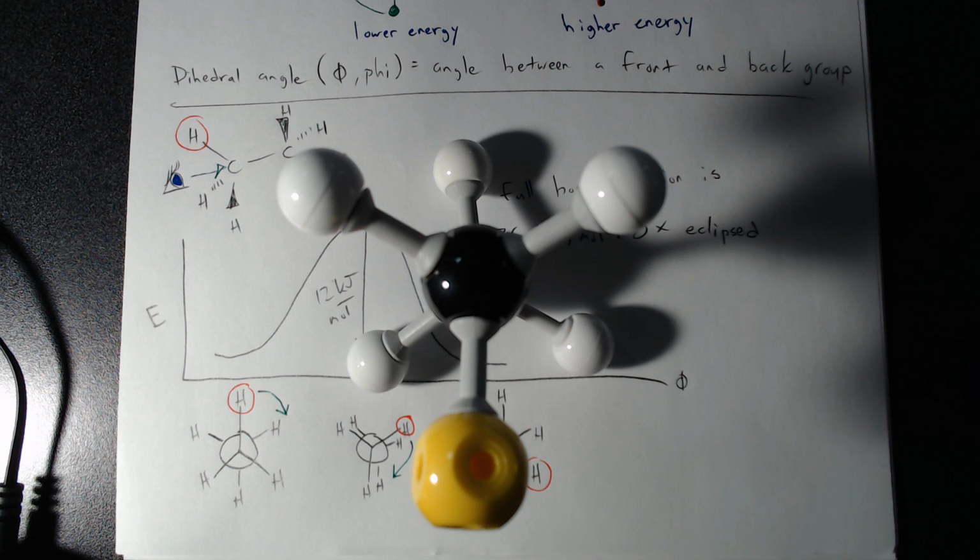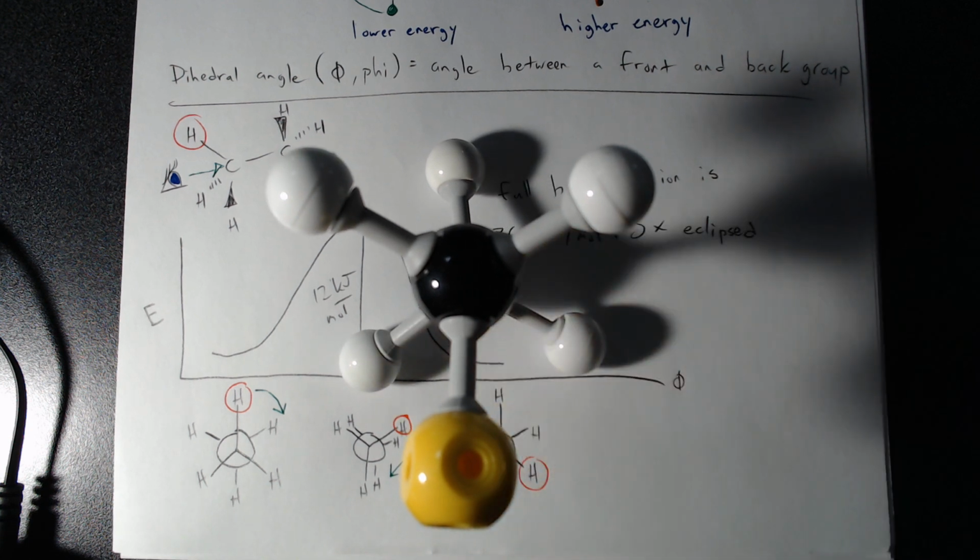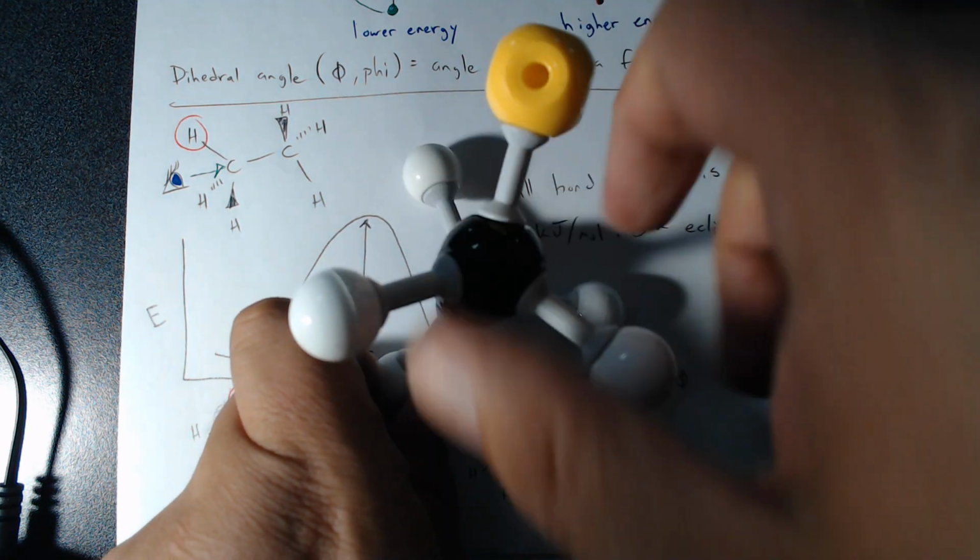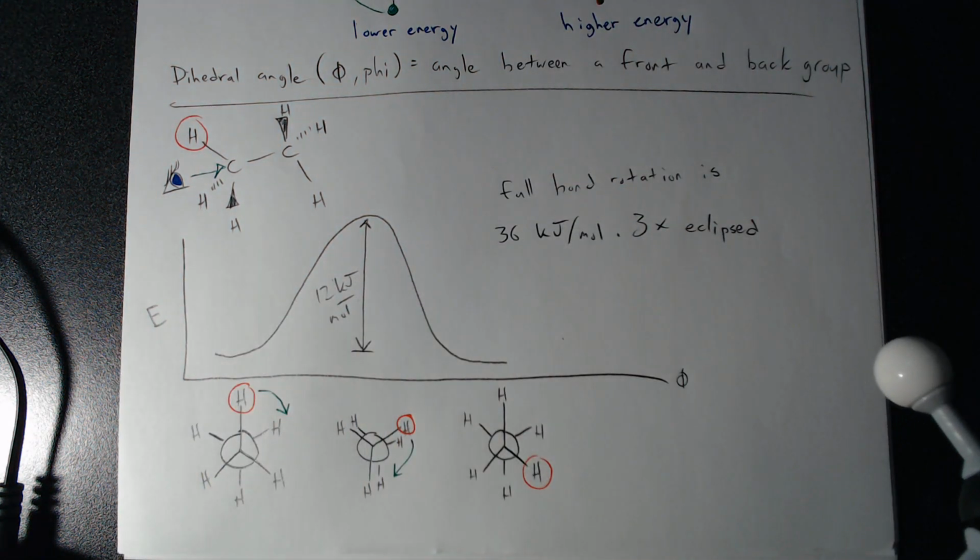Go ahead. Does that mean if you hit it with 12 kilojoules of energy, it will turn like that? It could, yeah. Basically, if it only had 12 kilojoules, it wouldn't be able to do a full bond rotation. It wouldn't have enough energy to push to the next one, because it has to push through an energy barrier. Every time it has to go through an eclipsed conformation, there's an energy with it. Since it has to do it 3 times, that energy needs to be there 3 times.